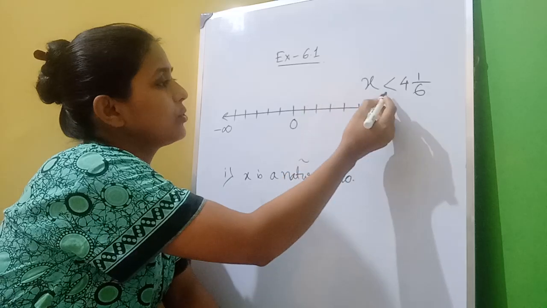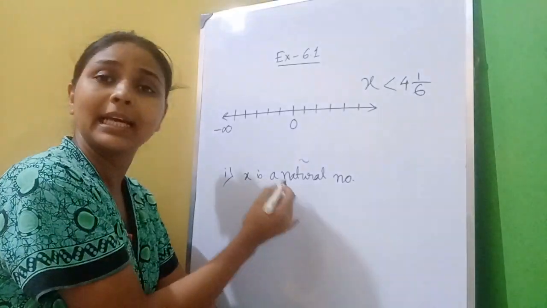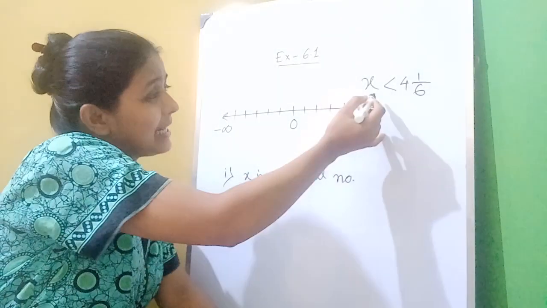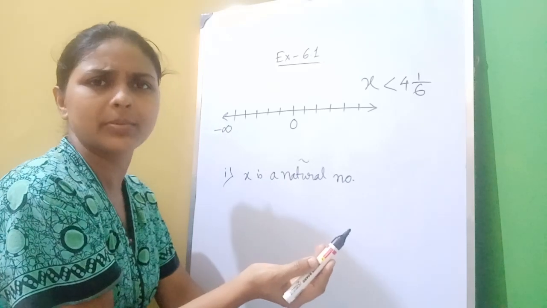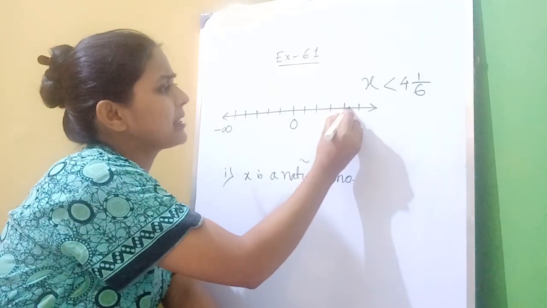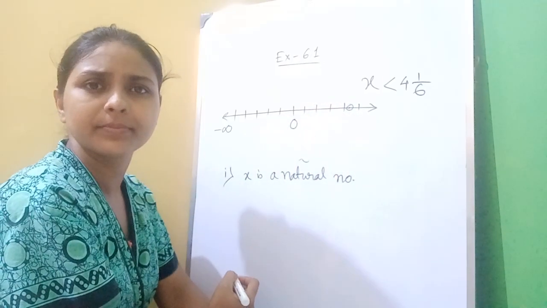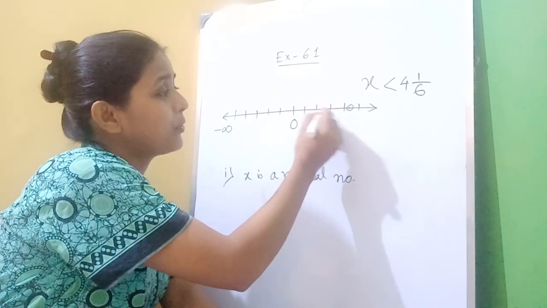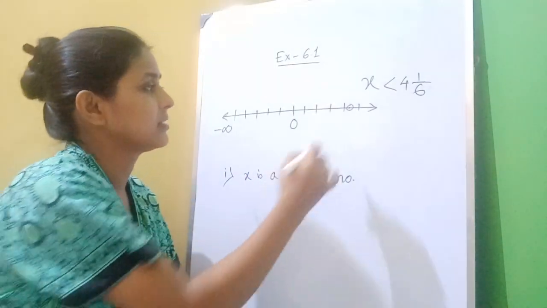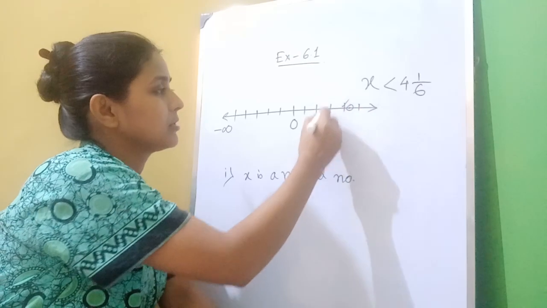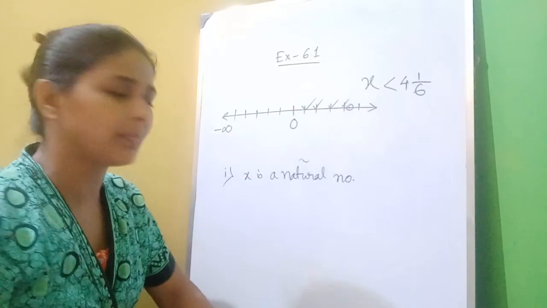So we need the numbers, obviously natural numbers, less than 4 whole 1 by 6. So what can be the possibilities? 4 whole 1 by 6 will be somewhere between 4 and 5. So before that, which natural numbers are present? 4, 3, 2 and 1. Simple.